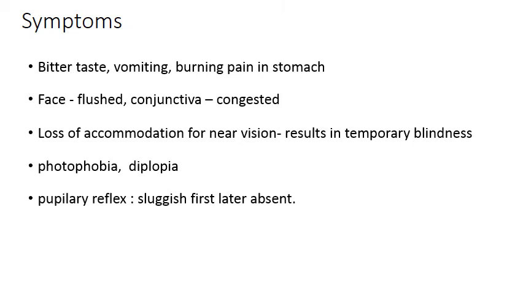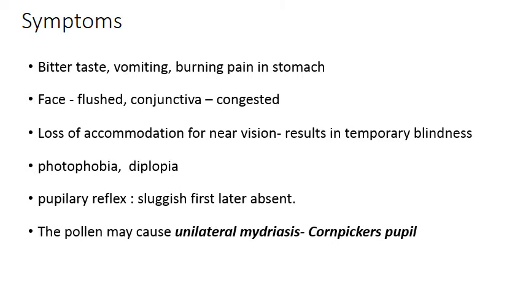And the person may also experience the pupillary reflex to be sluggish in the beginning, later it becomes absent. The most important is the appearance of a pupil or a condition called corn picker's pupil.